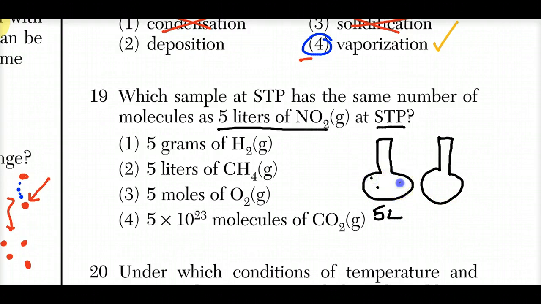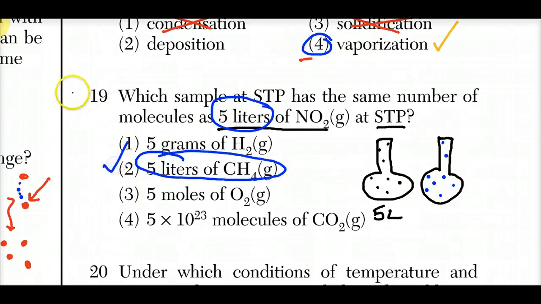Because the temperature and pressure are constant, there's a fixed number of seats in a theater, or a fixed number of positions a gas can occupy. There's going to be the same number of gas particles that would fit in this container at the same temperature and pressure. So 5 liters of N2 would give you 5 liters of another gas.